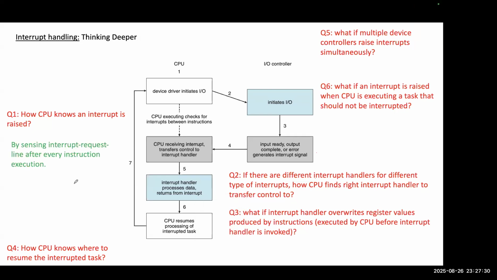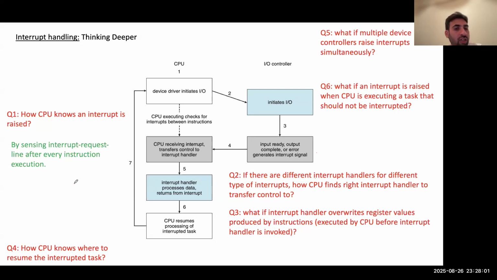Okay, so there is an input signal named the interrupt request line. What the CPU normally does is, after executing every instruction, it checks that input line to find out if the interrupt request line is set high by any device controller or not.